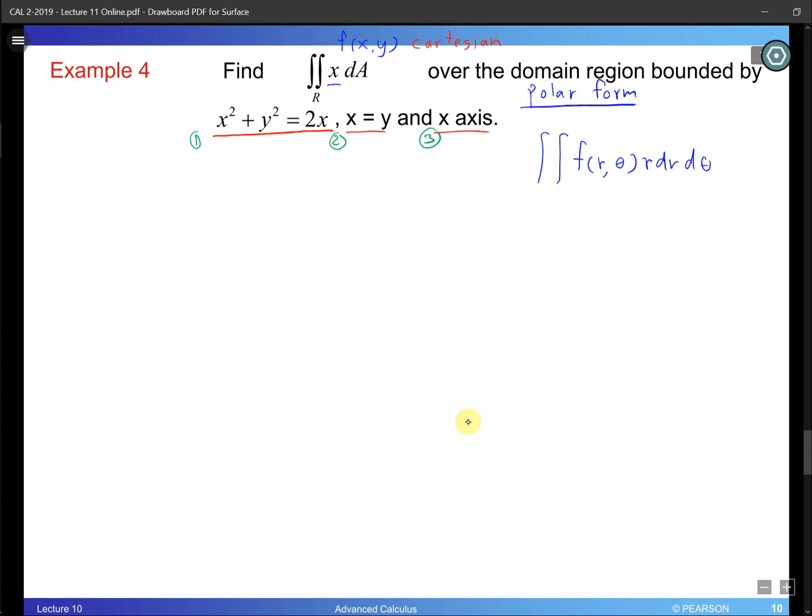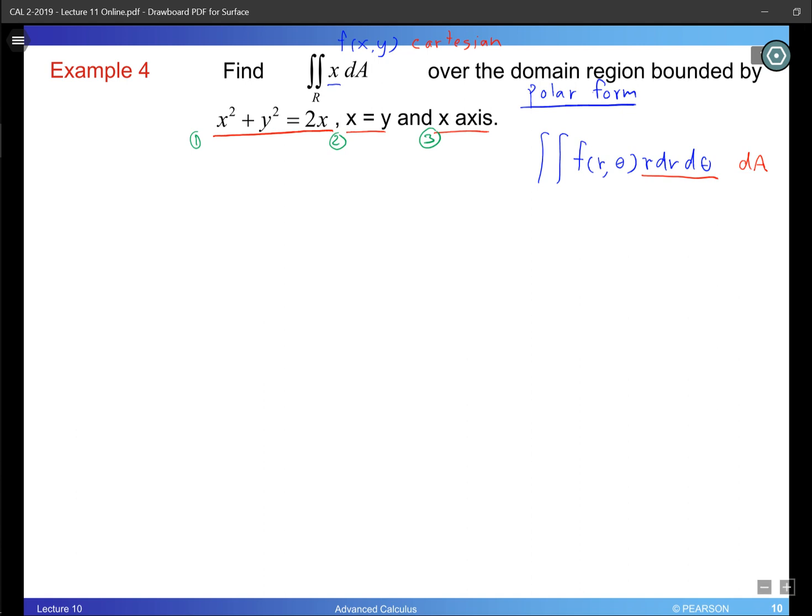I am not going to explain again why r dr d theta is equal to dA in polar form, because we did that in the last video. If you are not sure about why it's equal to dA, you can watch the last lecture again. Okay, so this is the formula.